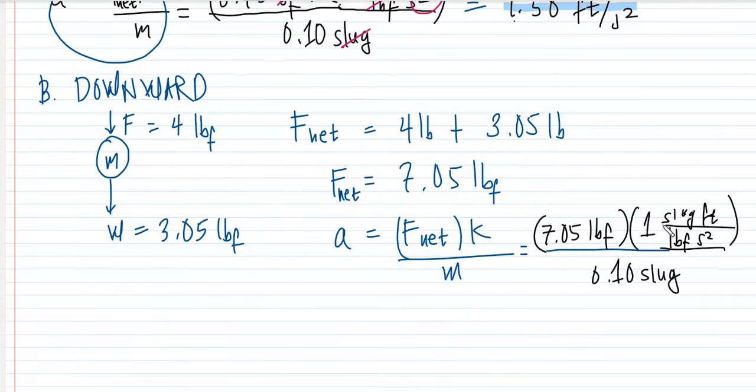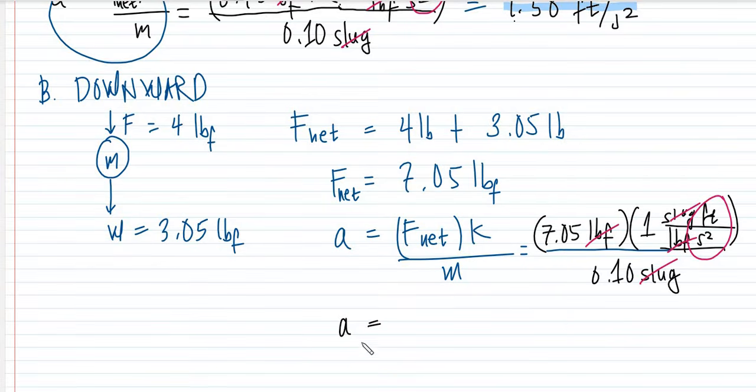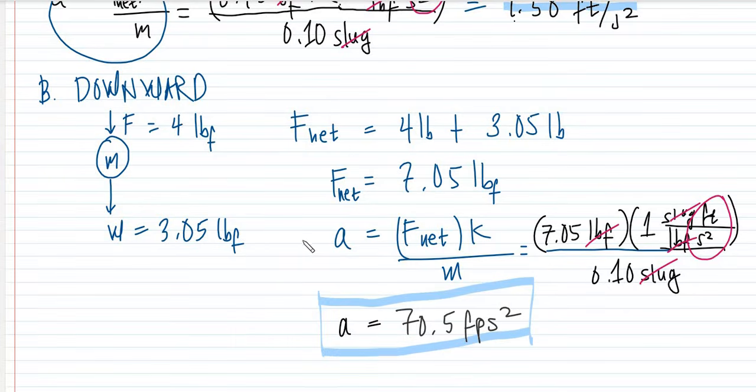So slug cancels out, pound force cancels out, and again we have feet per second square as our unit. So A is equal to 7.05 divided by 0.1, which is actually 70.5. So the answer is 70.5 feet per second square. That is if the force of 4 pounds is acting downward.